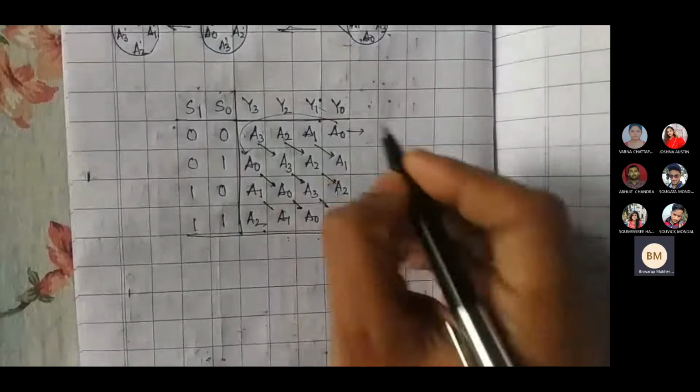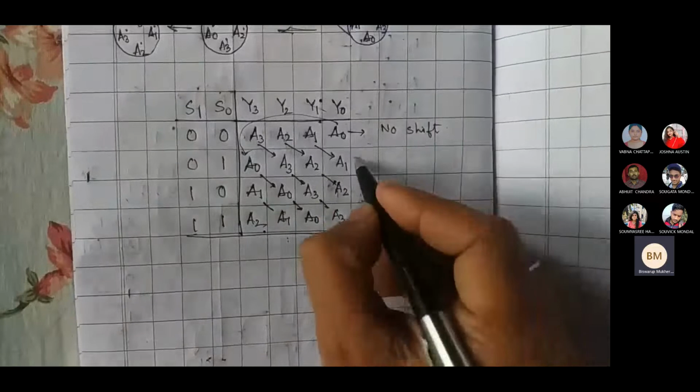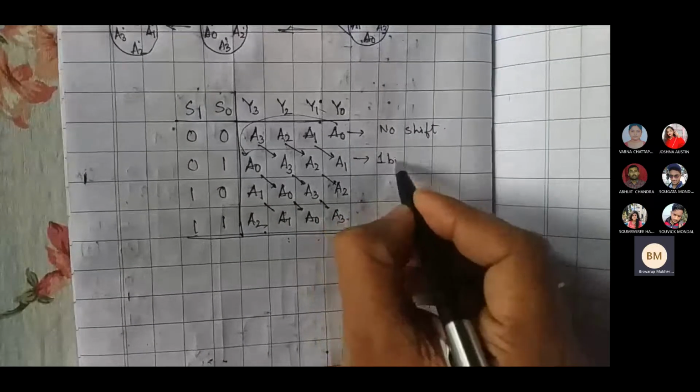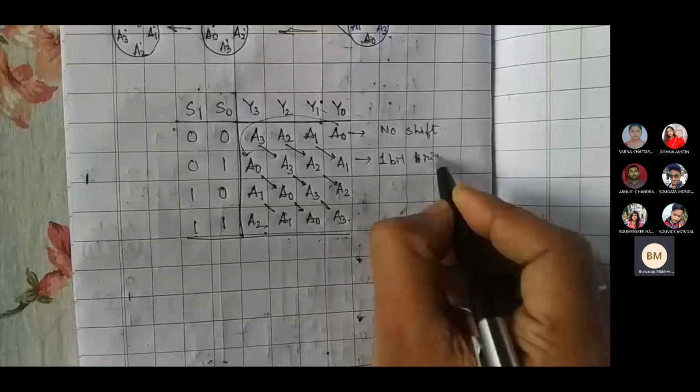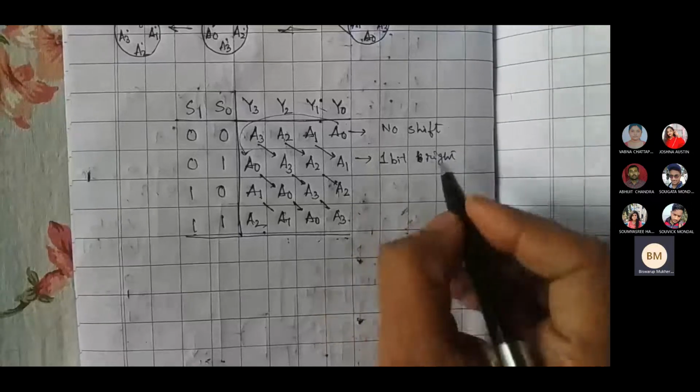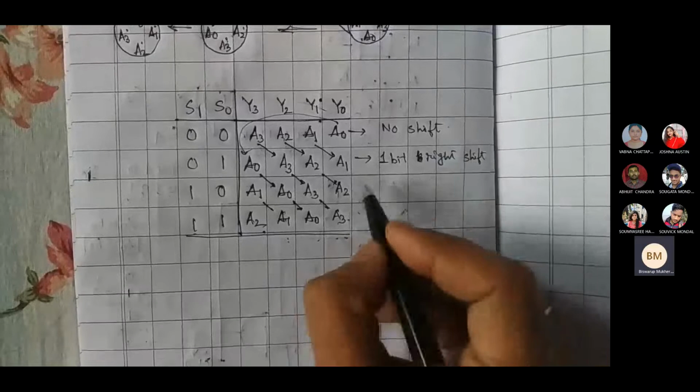So that is no shift, যেমন আছে তেমন. It is 1 bit barrel shift, we can say 1 bit barrel right shift, barrel আর কি, ঠিক আছে?